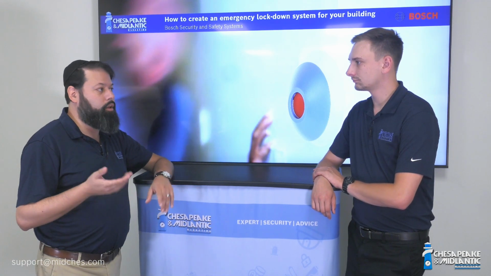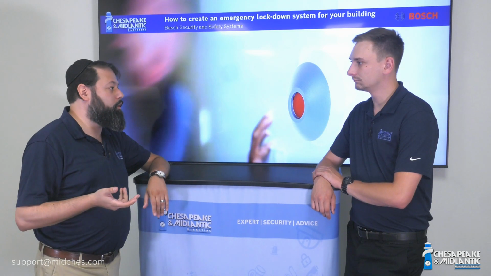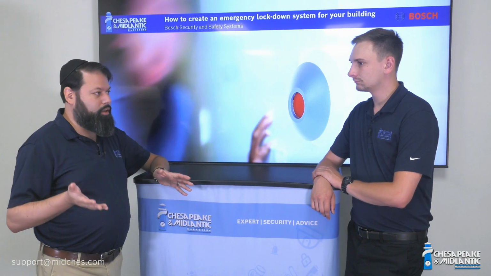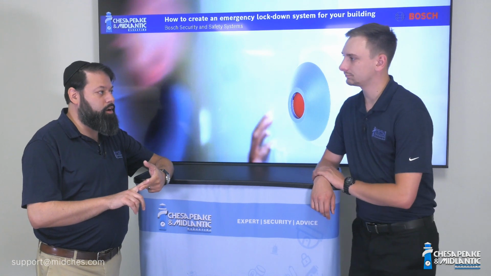Or you can even have a little pendant, a little remote that looks like a remote for your car alarm, and you can carry that around. Obviously, if you have that, you need to do a full site survey to make sure there are no dead spots. Okay, so you've got your intrusion detection system, which acts as the hub.